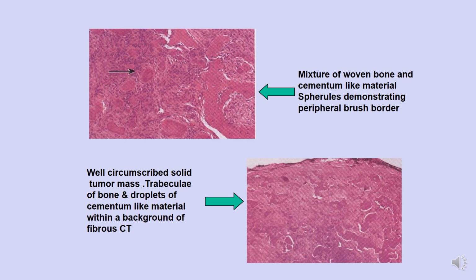Whenever we're talking about a fibro-osseous lesion, it's basically normal bone replaced by fibrous tissue. Microscopically, you should be able to identify fibroblasts, collagen, and osteoid under the microscope at the undergraduate level.